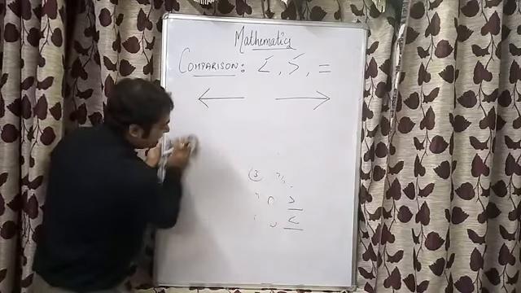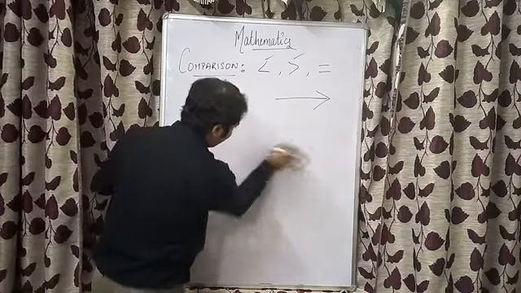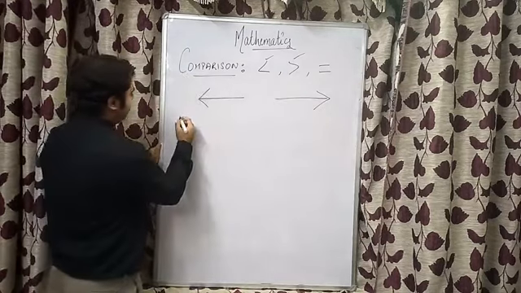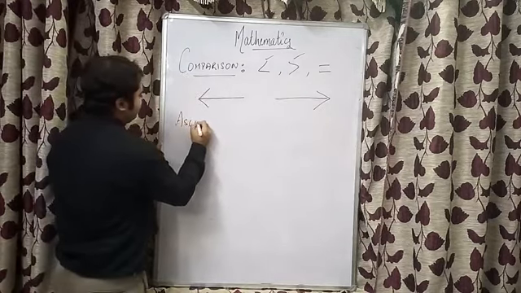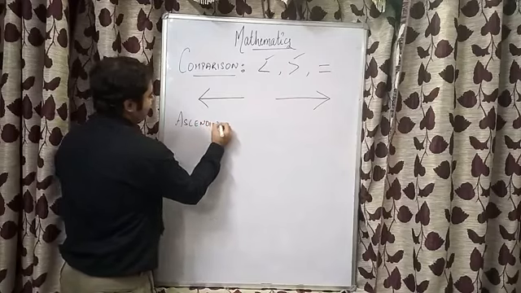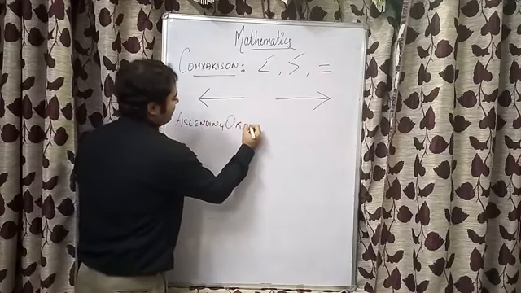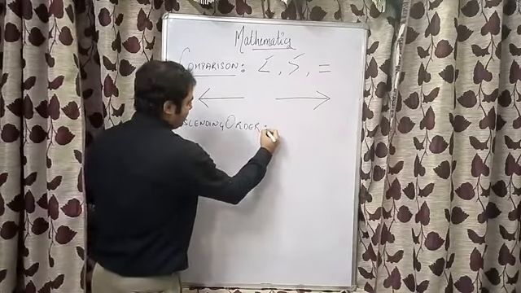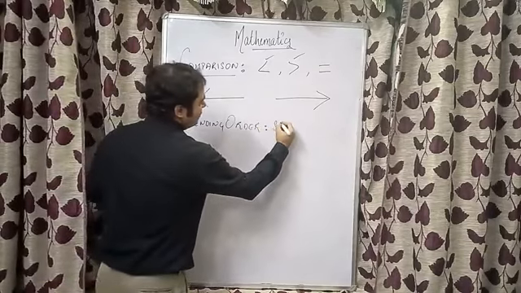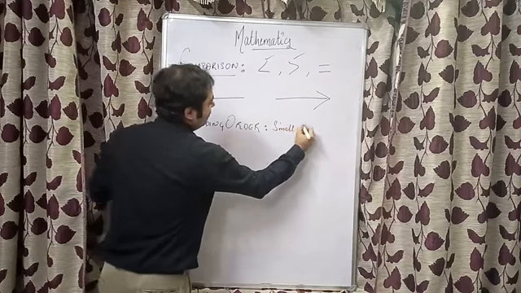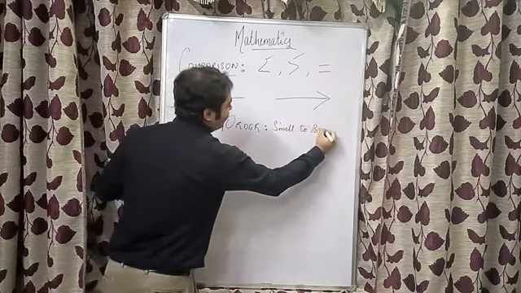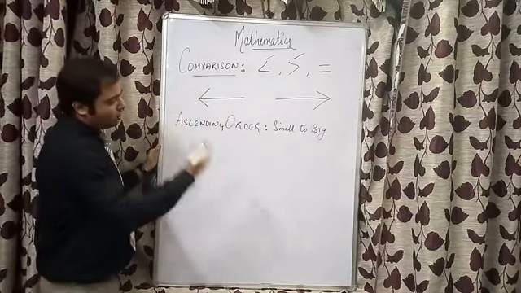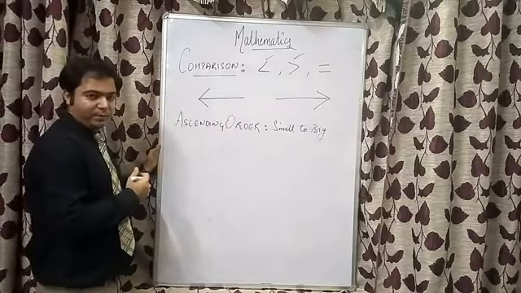Ascending order basically means when we put the integers in order from small to big, then we term it as ascending order.